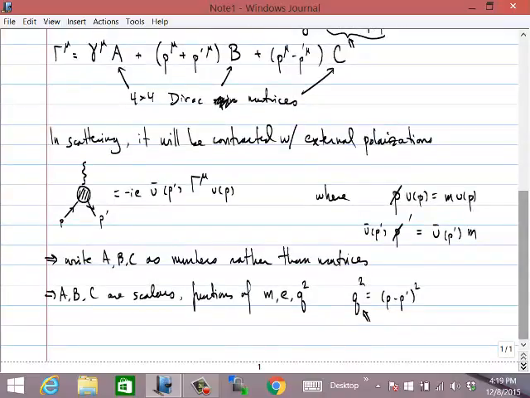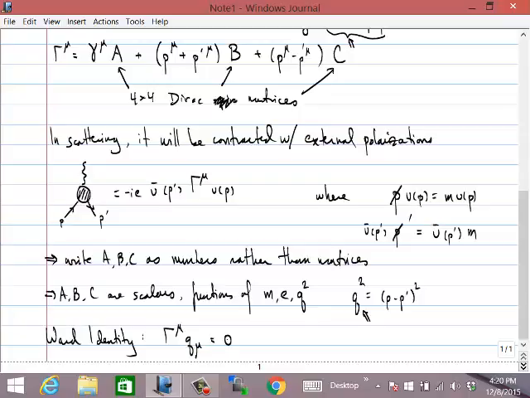And there's one more piece of physics that we need to include in order to understand what kind of functions can appear here, which is something that we learned about last week, which is the Ward identity. Remember, the Ward identity is a consequence of gauge invariance, and it tells you that whenever you have a scattering amplitude with an external photon, that scattering amplitude contracted with the four-momentum of that photon must be equal to 0.